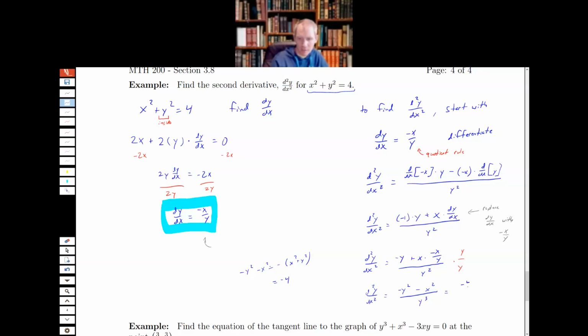So I could write this as -4 over y cubed. So that's a very, very simplified version of the second derivative. All right, so that's finding a second derivative with implicit differentiation.